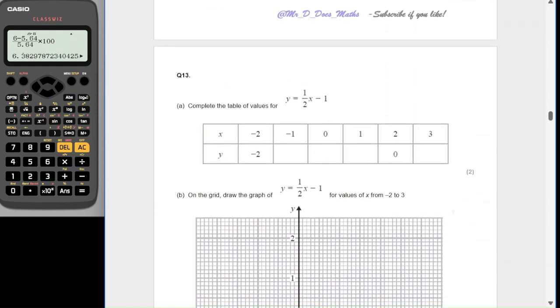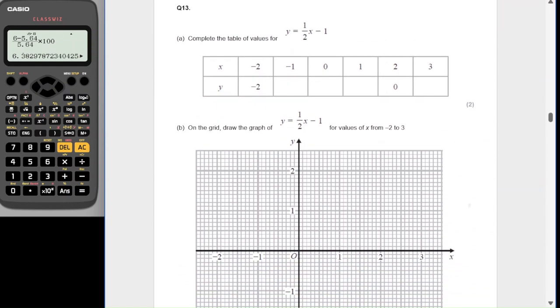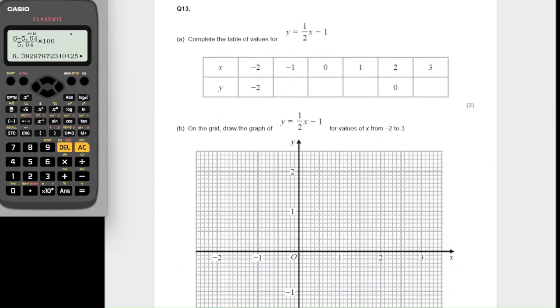Okay, complete table of values. So for a table of values we can use our calculator if we're happy with the function, the table mode.